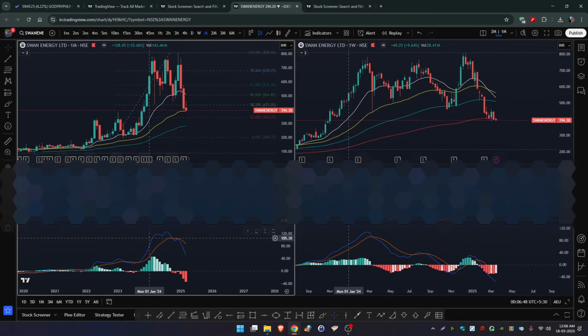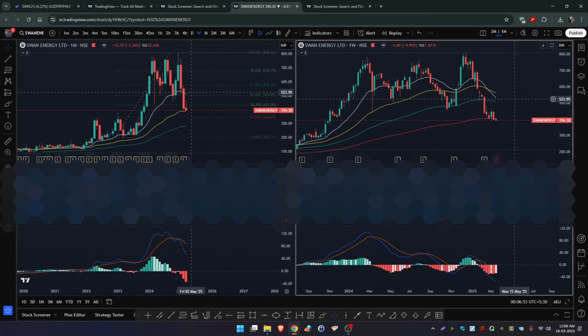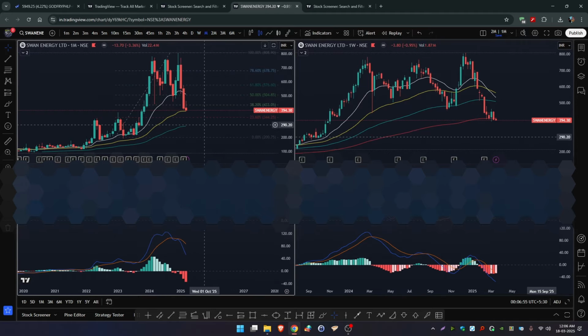However, what does the MACD tell us on the monthly chart? I have a monthly and a weekly chart on the right. The monthly chart basically says there's a lot of selling pressure going on, that this stock will likely correct to 343, right? That's what the MACD is telling us, that this is still on a massive selling spree.